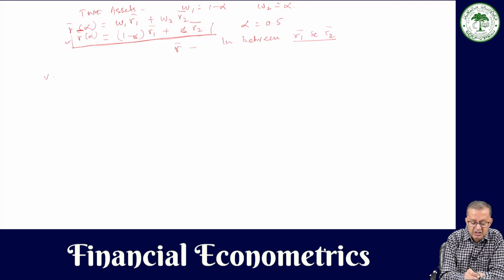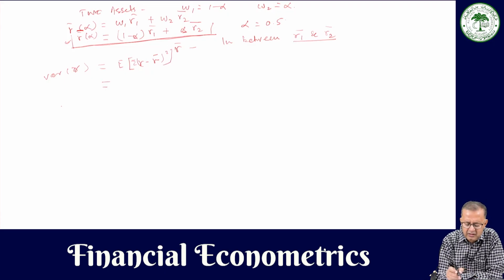Let us talk about the variance of R. The variance of R will be the expected value of R minus R bar, whole square. This we have already calculated earlier, and this was equal to the sum of Wi Wj sigma ij, i, j equal to 1 to n.